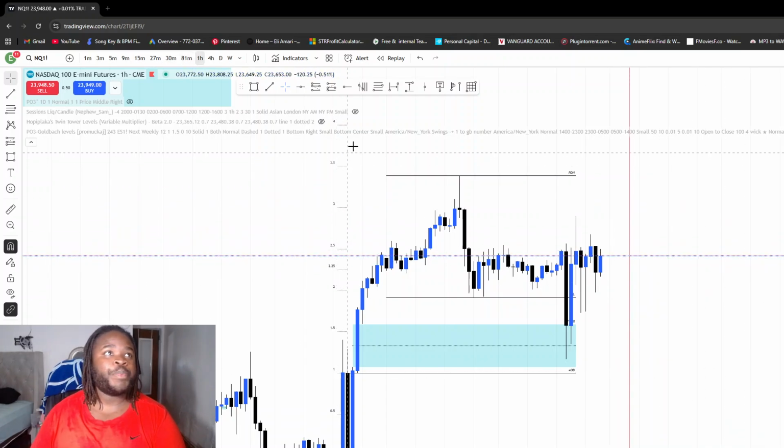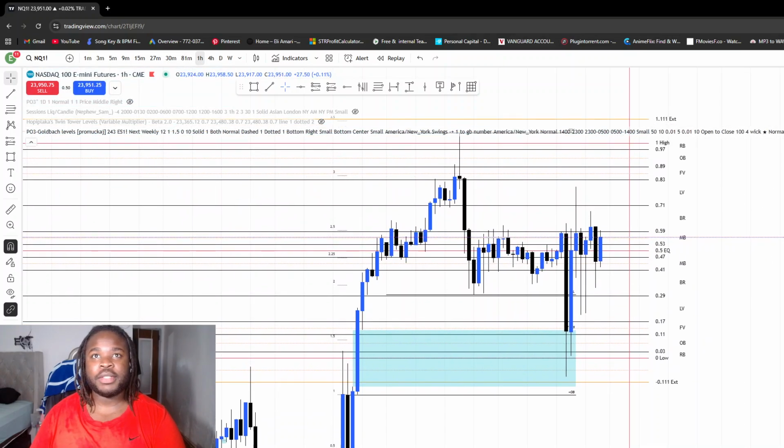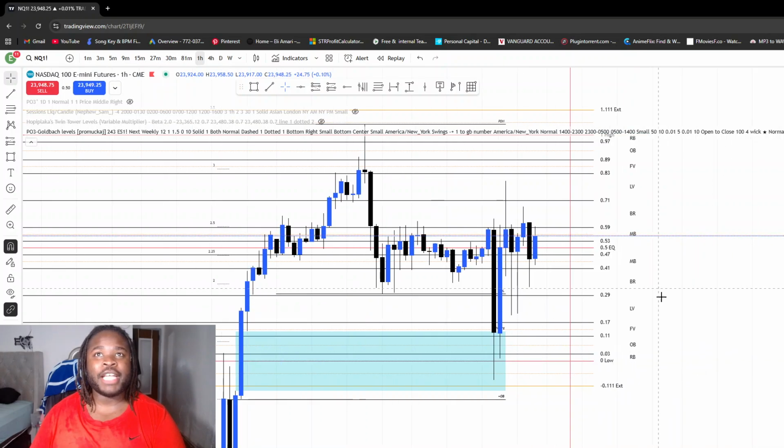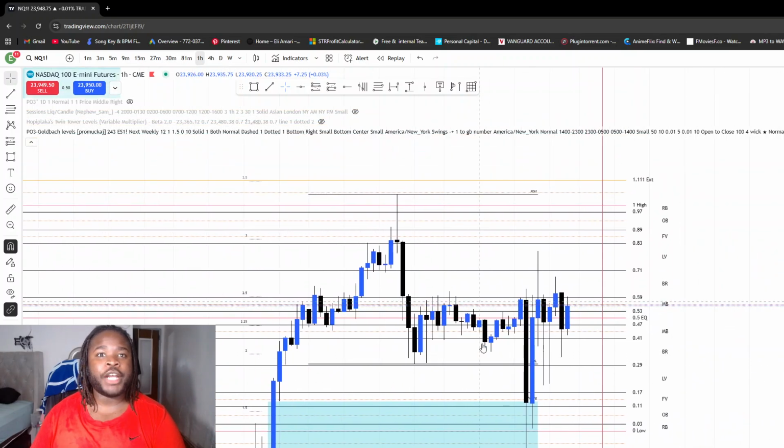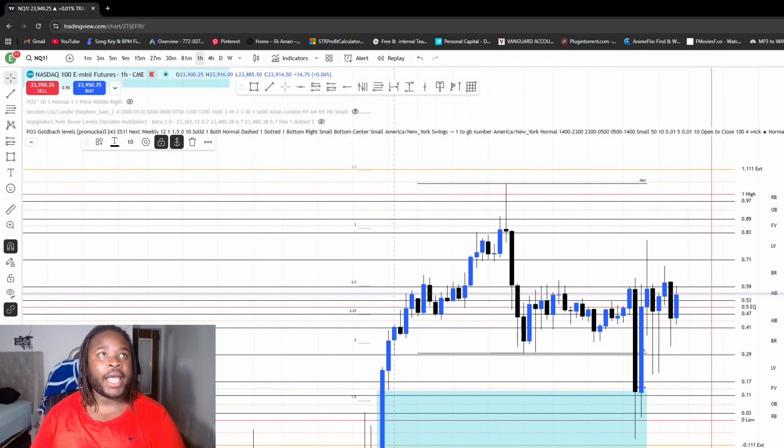Okay, so GB levels. What is this model that I've been using to refine my entries, understand what algo is in play, and how to use it? I feel like that's very important, right?